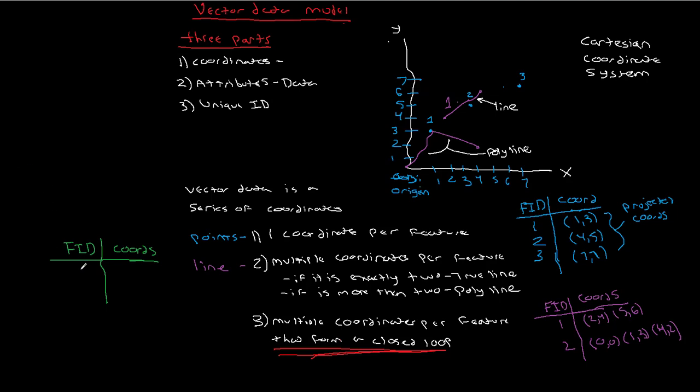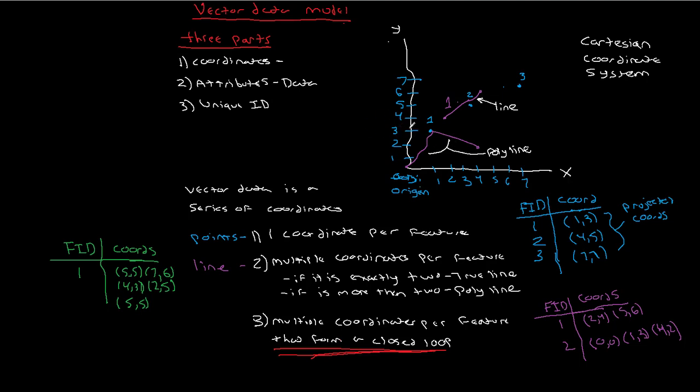And so for an FID of 1, we might have coordinates 5, 5, 7, 6, 4, 3, 2, 5, and then you'll see that it'll go back and close the loop at 5, 5.